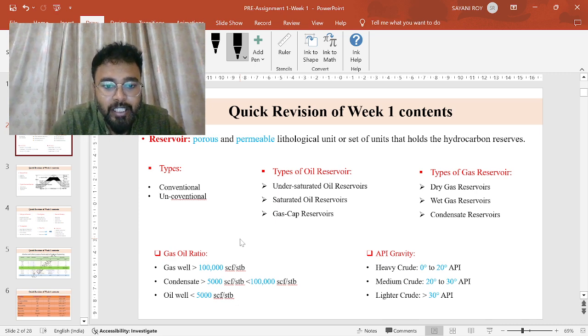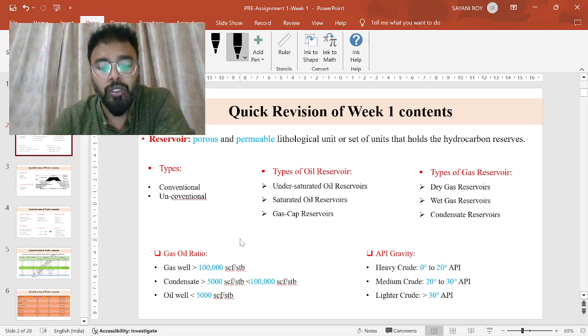These pore spaces that make up the rock structure are called the porosity of that rock. Generally, reservoir rocks have a porosity of 10 to 30%. 10 to 30% means if we take 1 unit of rock, then 10% of that will be void and the other 90% will be solid matrix.